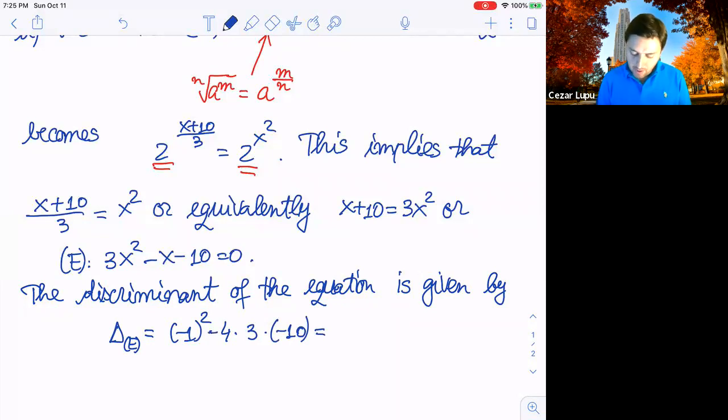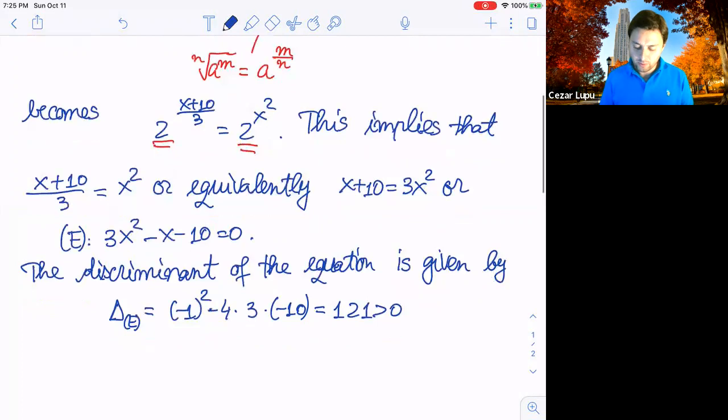Oh, sorry, here is a minus, so this is 1. And so it will be 121, which is positive, so we will have 2 roots.